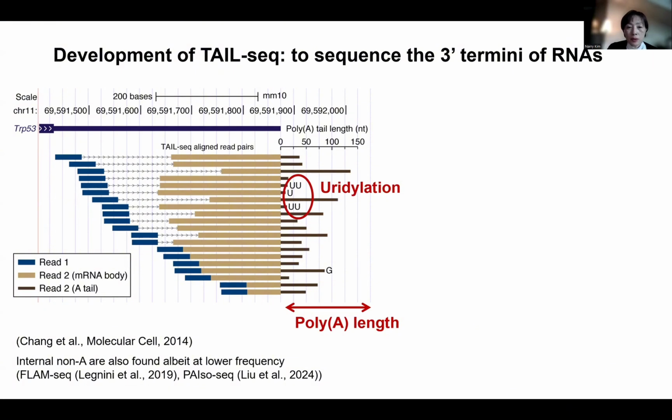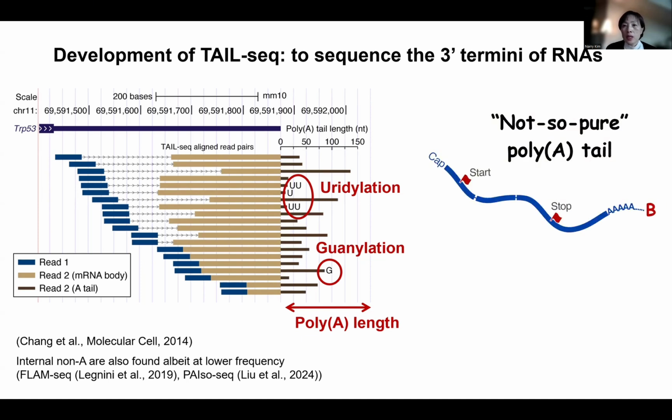In addition, we found that certain messenger RNAs have guanosine residues, particularly in the long poly-A tail. So overall, this study and other studies done later showed that mRNA tails are not so pure after all.